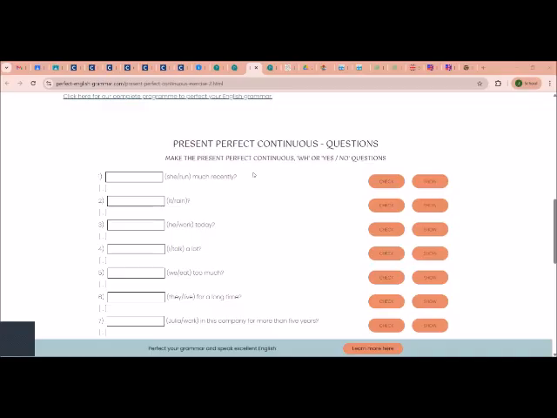Jenny, ready? What should we use for she? Yes. Sería, has she been running much recently? Exactly. And a response could be, yes, she has been running a lot since she started university.